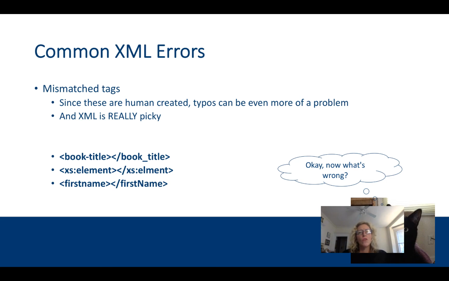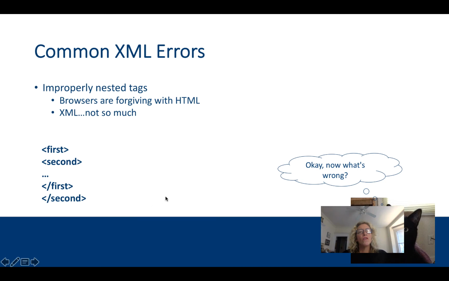So just make sure if you get an error, Oxygen will help you locate where those errors might be. Also improperly nested tags. Browsers are much more forgiving with HTML if your nesting is off, but with XML it needs to be properly nested.